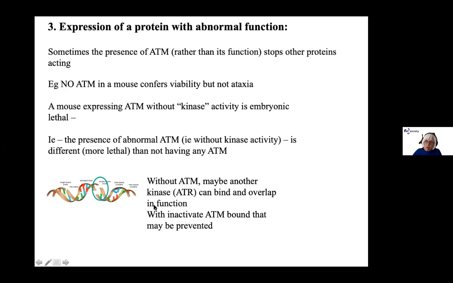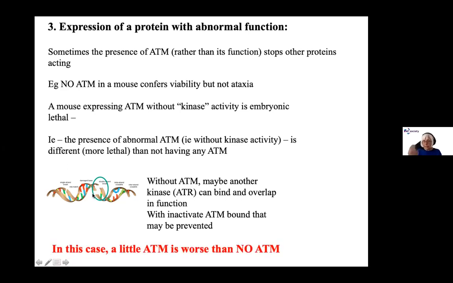And one way I think you can think about it, although there's several different possible explanations, is that something else may be able to bind here if you don't have ATM at all. And there is a protein called ATR, and there can be some overlapping function. So this can do a little bit of what happens if you don't have ATM. But if you've got ATM bound there, but it's not doing its job, you're worse off.